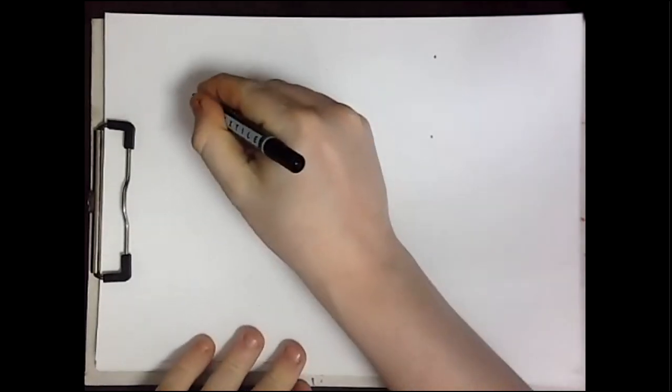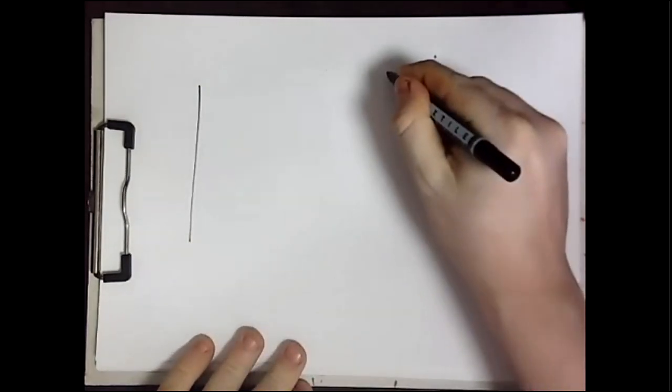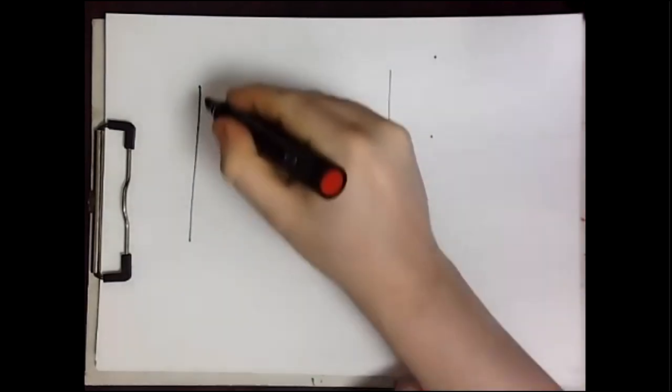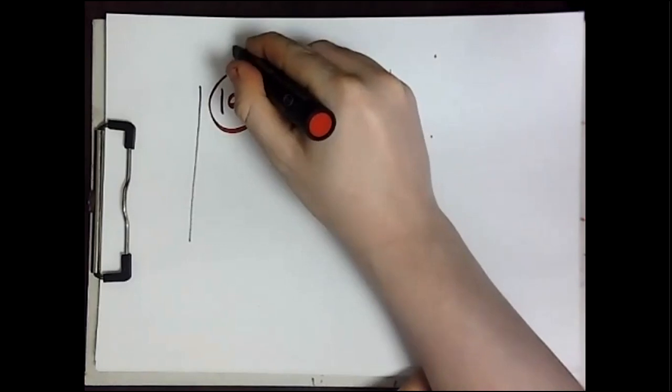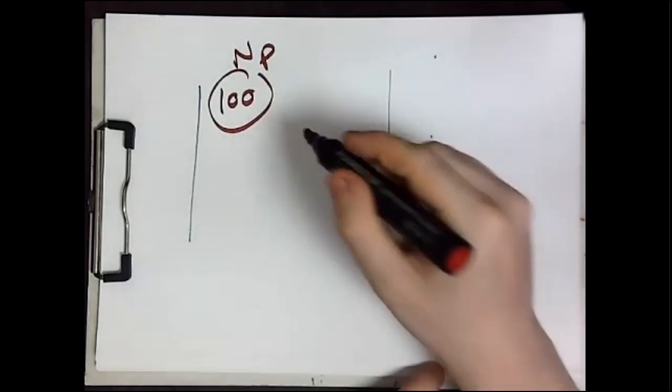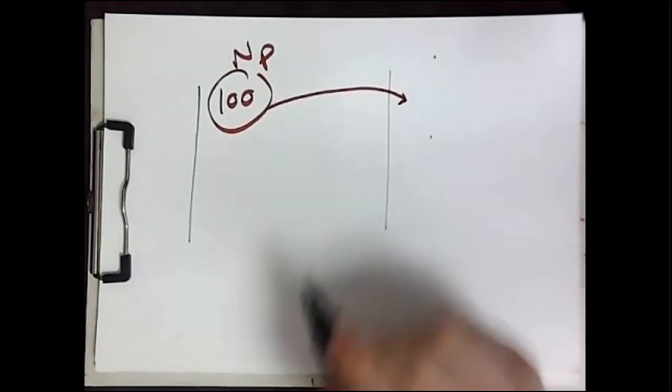What we can say is as follows. This is the cavity. We start with 100 photons, for example, which is NB. These 100 photons travel.